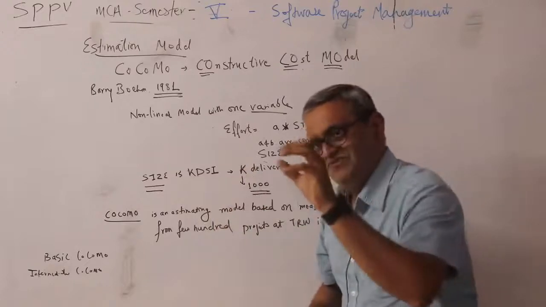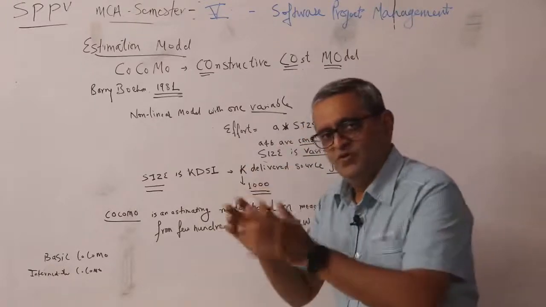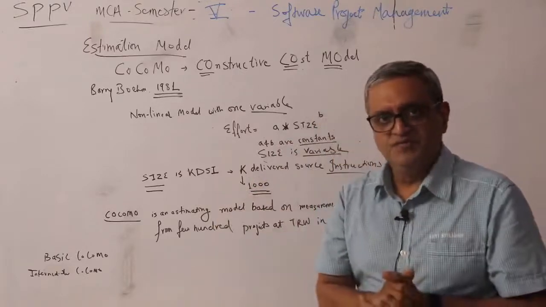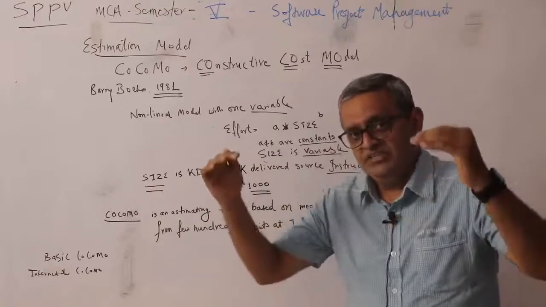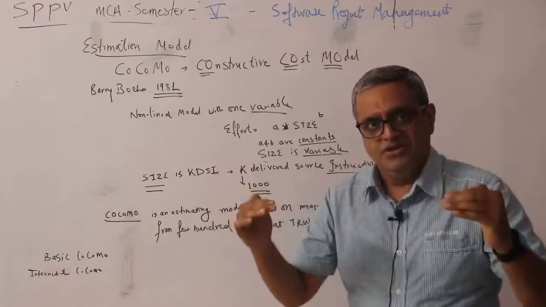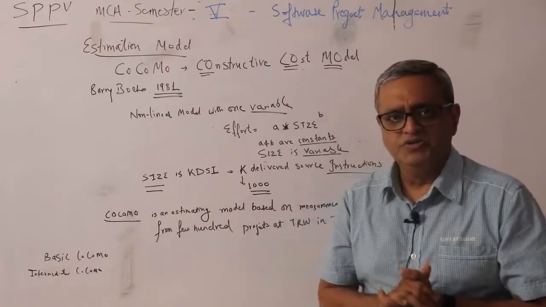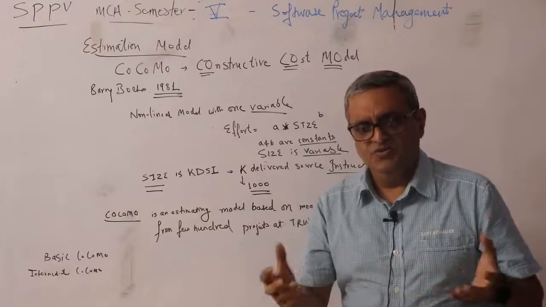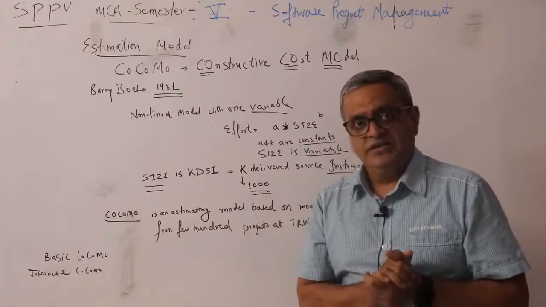So what the value of A should be for a specific type of project, and what the value of B should be, is all laid down based on the experience people got by executing those projects. There are probably 100 plus projects which were measured, and the data of those projects was collected.